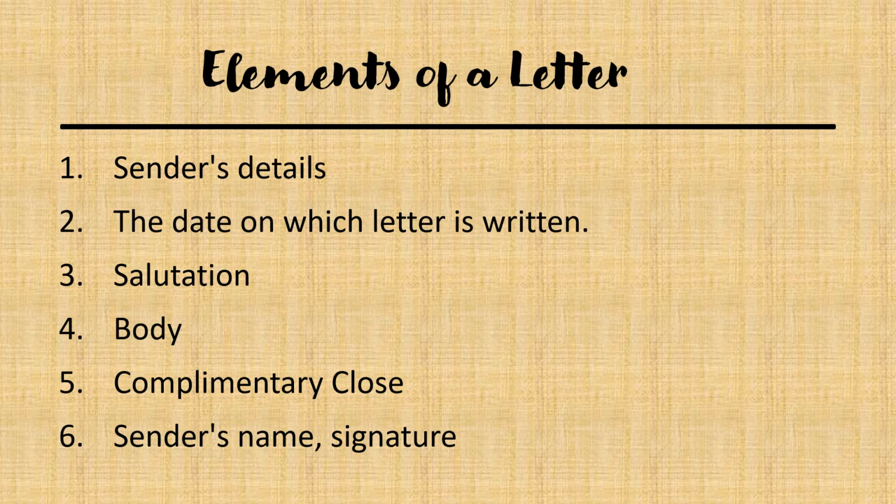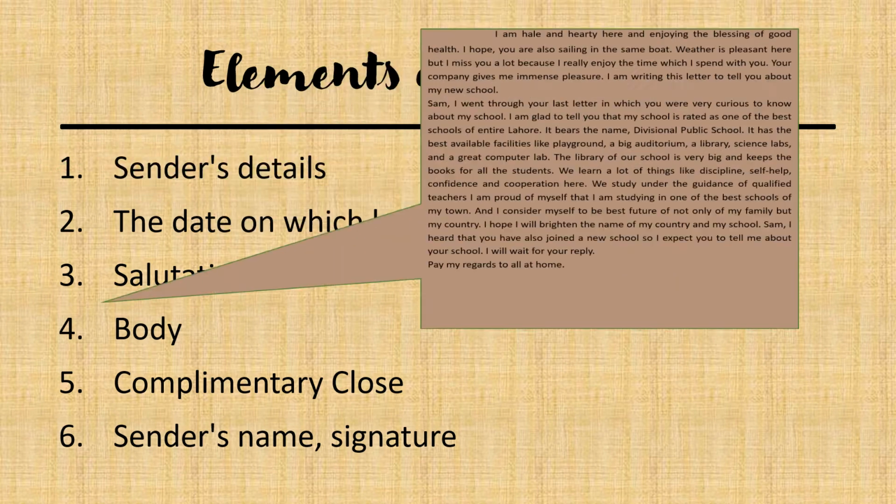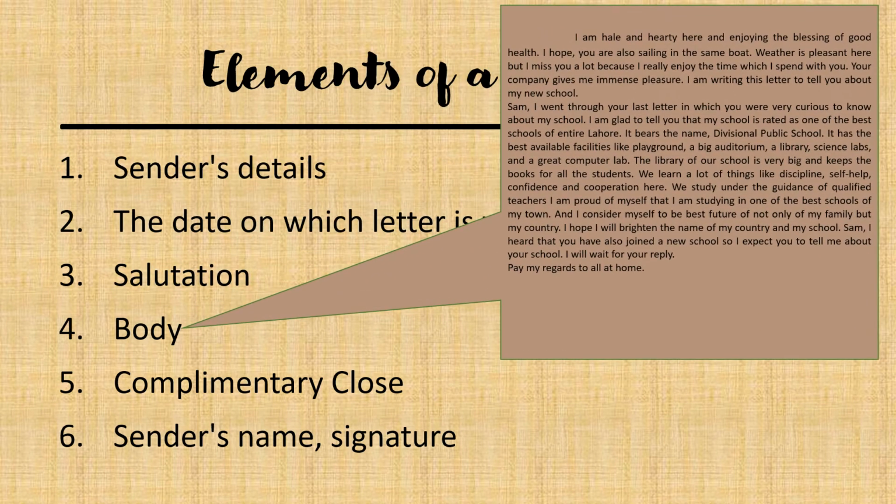The body of the letter should be like this. This is the body of the letter I wrote. It consists of two paragraphs. In the first paragraph, there is an informal inquiry about health and happiness, and the real message, that is the topic of the letter, is in the second paragraph.